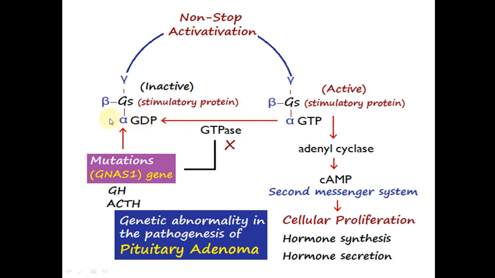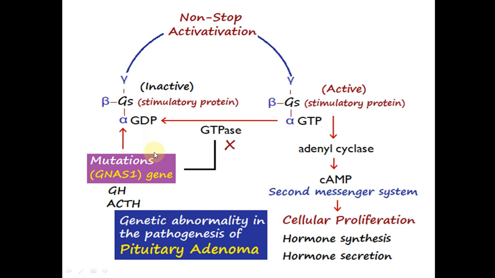The G protein coupled receptor has a G protein known as Gs, the stimulatory G protein. This G protein has three subunits, alpha, beta and gamma, and normally this receptor remains in an inactive form.